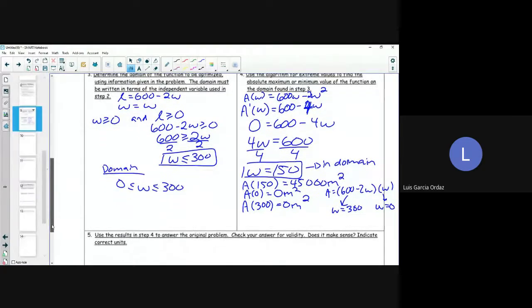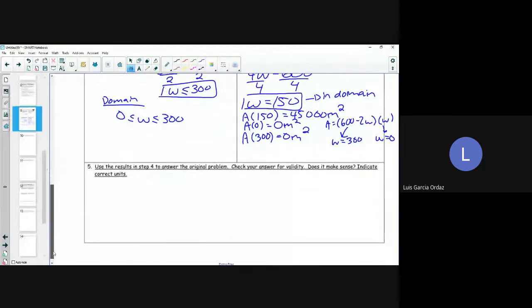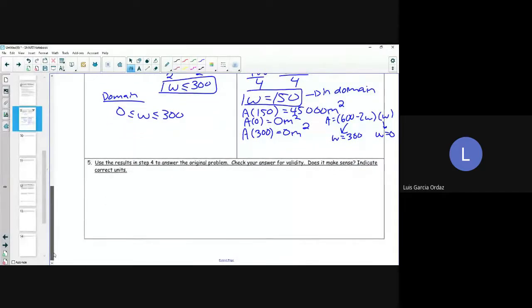So now with this information, I can therefore find my dimensions. So I know my width is going to be 150 meters. But now I have to find my length, which is expressed as 600 minus 2w. So I take 600 minus 2 times 150, which gives me 600 minus 300, which gives me my length of 300 meters.